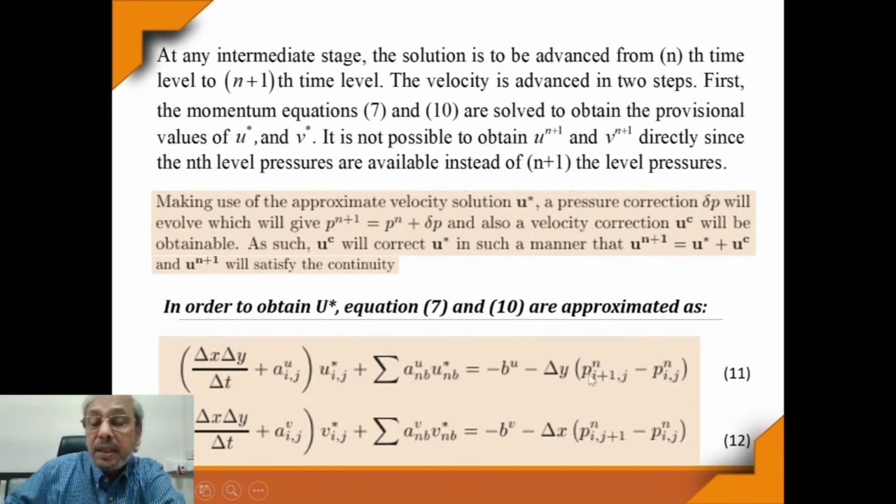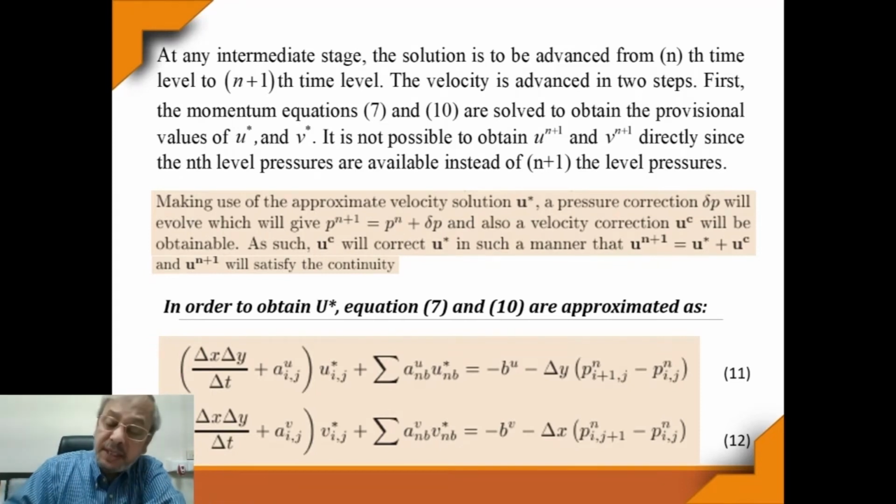And pressure will also be corrected by delta P at each pressure point, so that Pij, Pi plus 1j, Pi minus 1j, all these, instead of being defined at the level n, after adding delta P, will be at the level n plus 1.